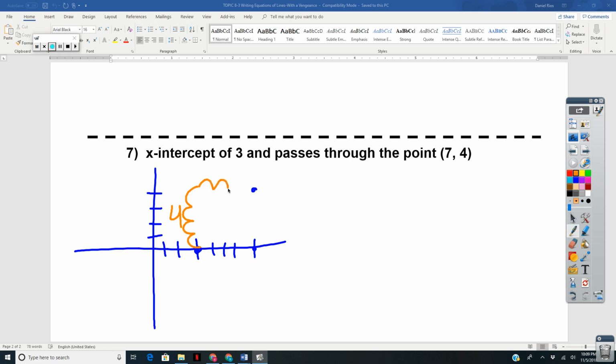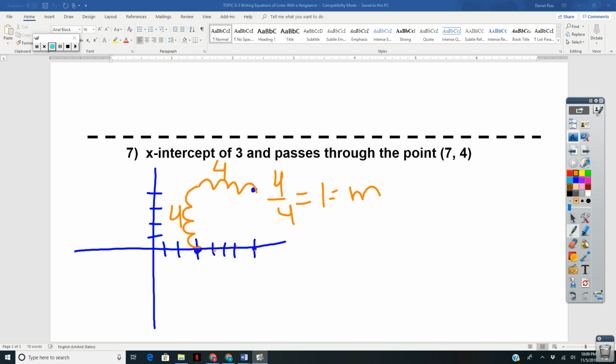Again, I believe 1, 2, 3, 4. I think I ran 4. 1, 2, 3, 4. Yeah, I ran 4. Okay. Rise over run, which gives me 1. That's my slope.